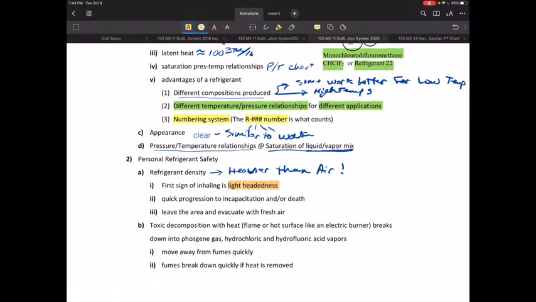The way breathing works is as you breathe oxygen in, your body exhales carbon dioxide, a product of respiration. When we breathe in refrigerant, sometimes you don't have that ability to push it out if it's excessive enough.